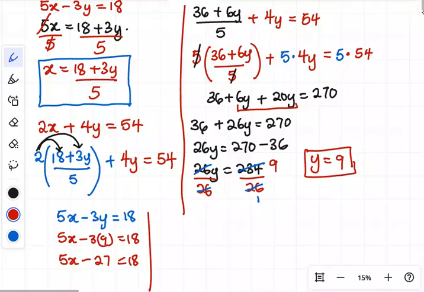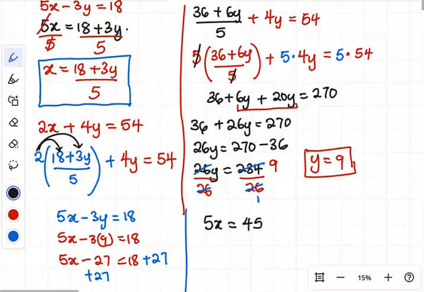All right, so I want to isolate 5x here, which means I just add 27 to both sides of the equation. So this gives me that 5x equals 18 plus 27, which should give me 45.